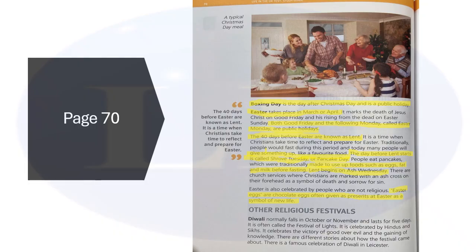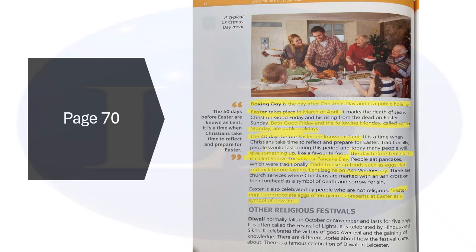Then begins Lent, which is 40 days, and the Tuesday before Lent begins is Shrove Tuesday. On Wednesday, which is Ash Wednesday, Lent begins, and then obviously people fast for 40 days. And Easter eggs are the symbol of new life.